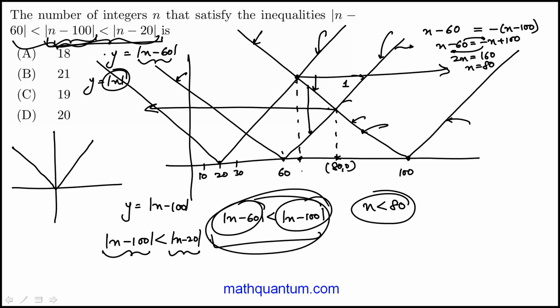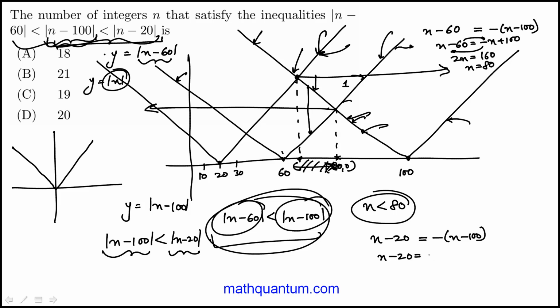So we can see that the solution will be between those two points where they intersect. So next thing I need to do is to find that intersection. And this right arm, or the positive arm of absolute value n minus 20, would be y equal to n minus 20. And I'm equating that with the negative part here, which is with the negative slope here.